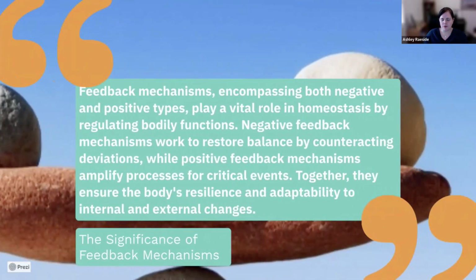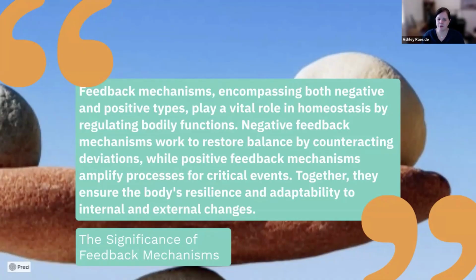All right, so this is a vital role. So homeostasis, that big word that I keep saying, this is the balance in our body so that all of the parts of our body work the way that they should. And we need both negative feedback to restore this balance by making sure that any deviations that occur are fixed really quickly, while positive feedbacks amplify any processes for those critical events such as bleeding or childbirth.